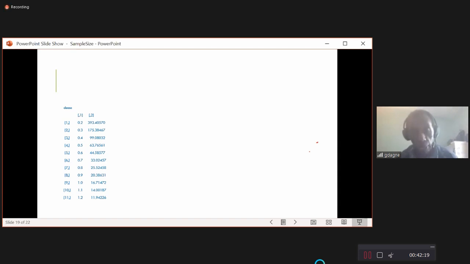When you write a grant, you can show the reviewers that if my effect size is, let's say, 0.6, I need at least 45 individuals. If my effect size is 0.3, I need 176. So if I want to detect a very small effect, I need this many individuals.